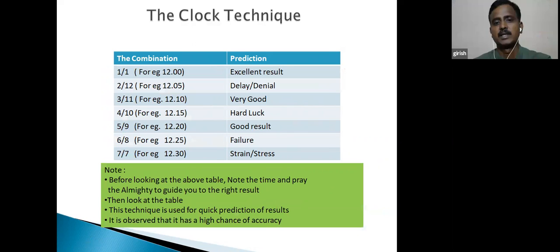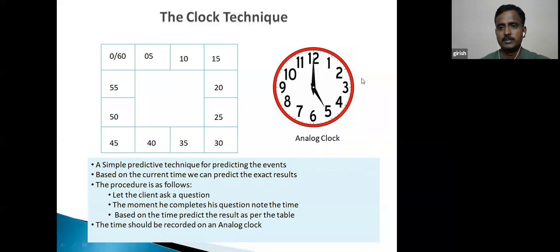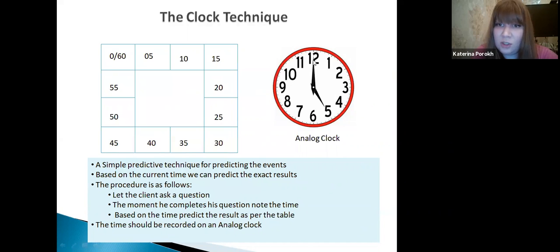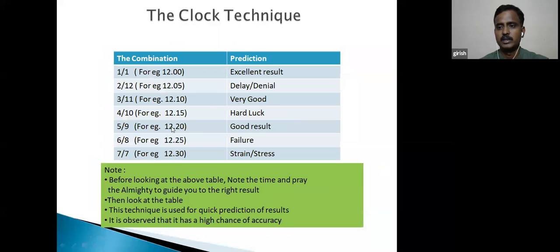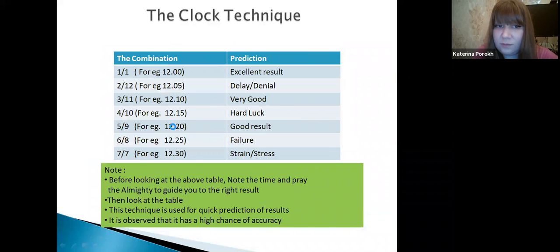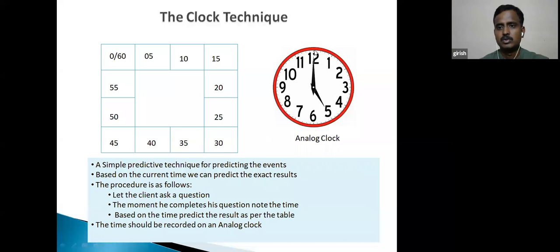Okay, so similarly 5 and 9, for example, at 12:20. Sorry, 12:20. From here, if I count, it is 1, 2, 3, 4, and 5. From 4, if I count to 12, it will be 9.